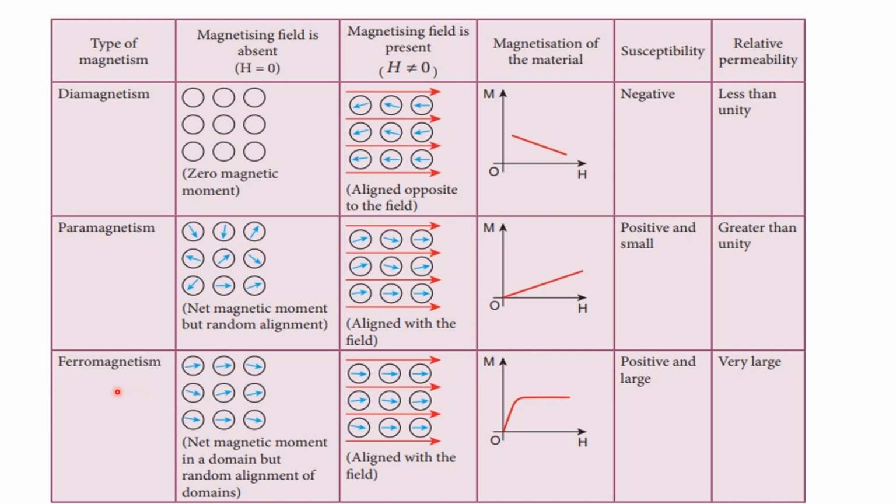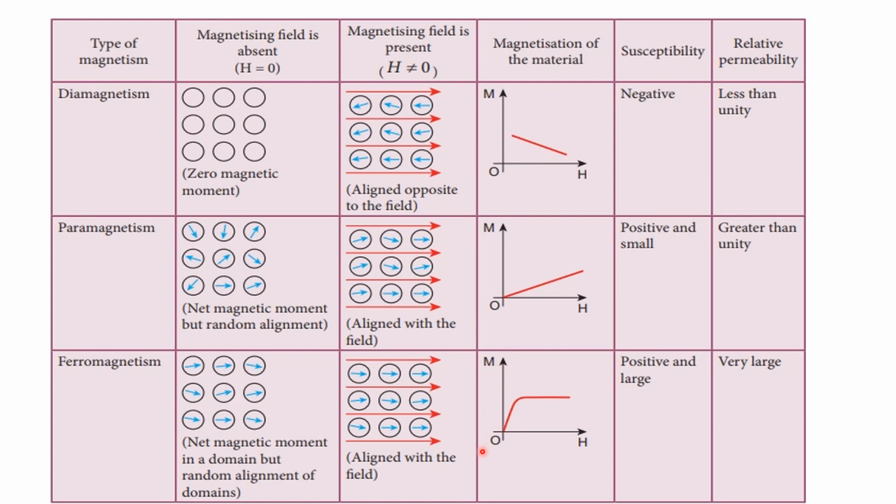Then coming to ferromagnetism, in the absence of a magnetic field, you can see the random arrangement of magnetic spins, but still the net magnetic moment is not equal to 0. Then when I apply the magnetic field, perfect alignment along the applied field direction takes place.